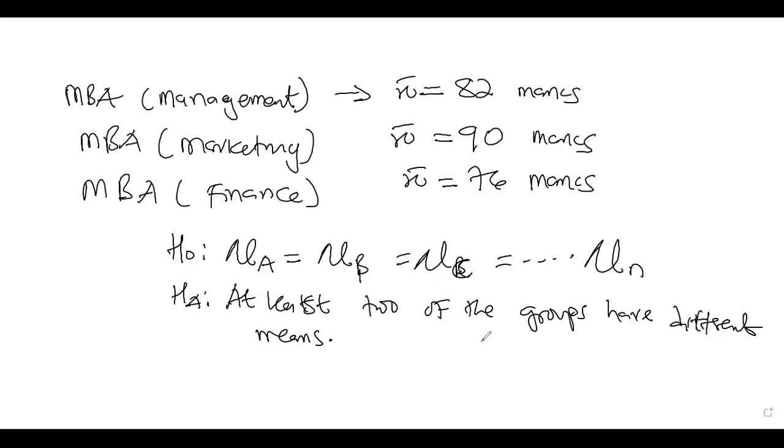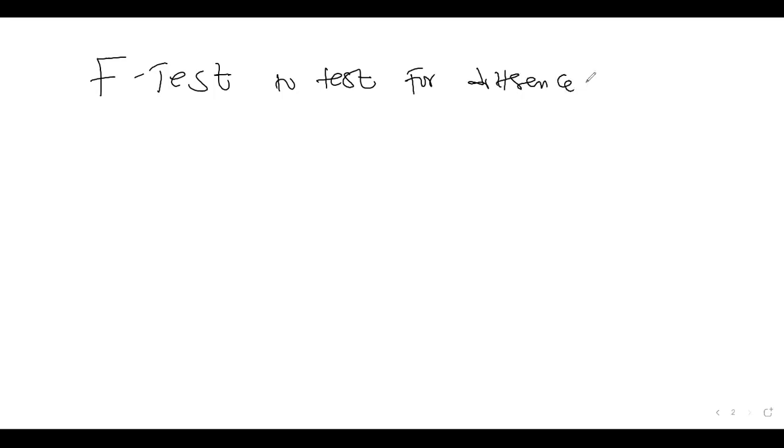Now, in hypothesis testing for the one-way ANOVA, the test statistic that we use is called the F test, okay? We use the F test to test for difference in mean among three or more groups, okay?